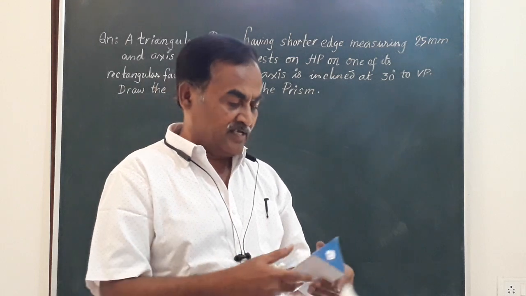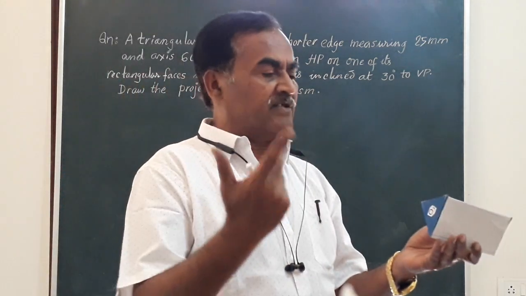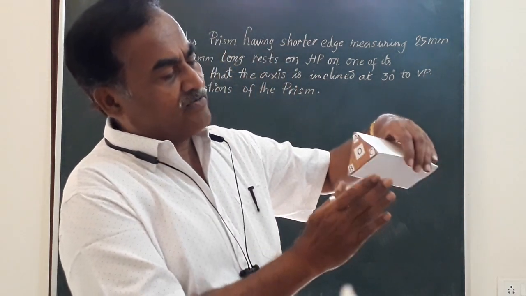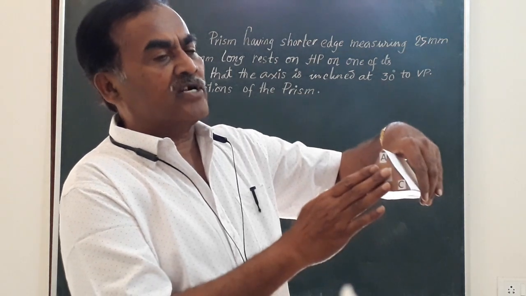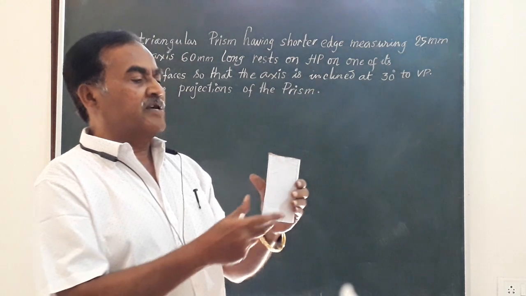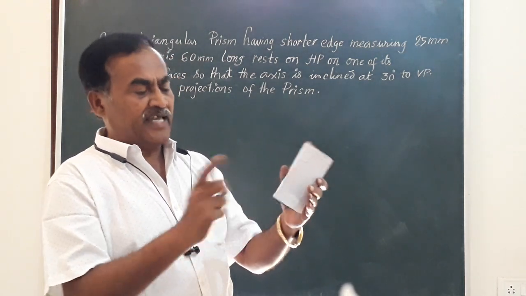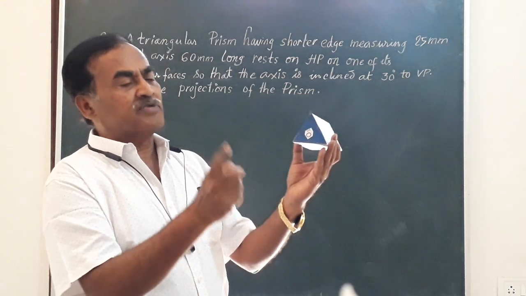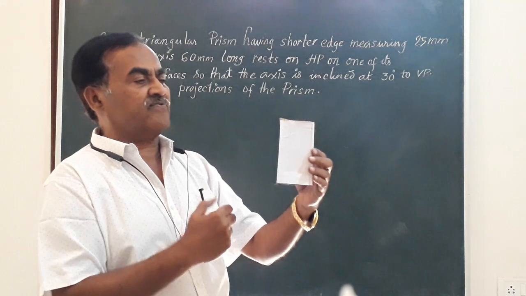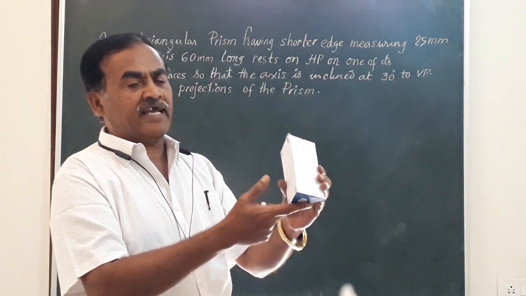For example, a triangular prism will have a triangular bottom face and a triangular top face, and these two faces are connected by a number of vertical rectangular faces. Hence, a triangular prism will have 3 rectangles on its lateral surface. The top is a triangle, the bottom is also a triangle.